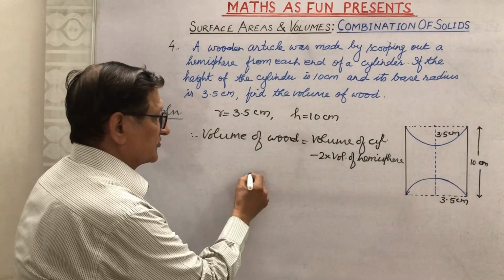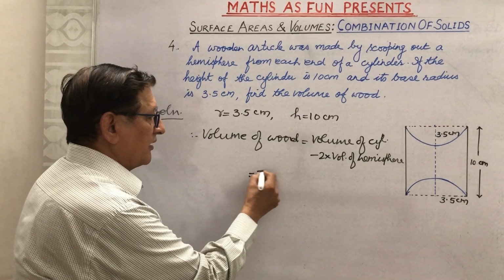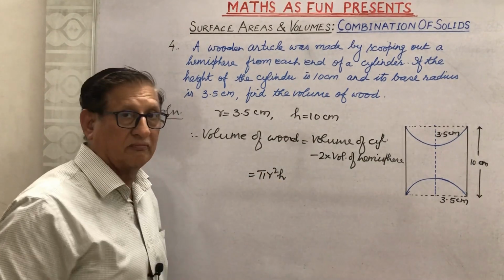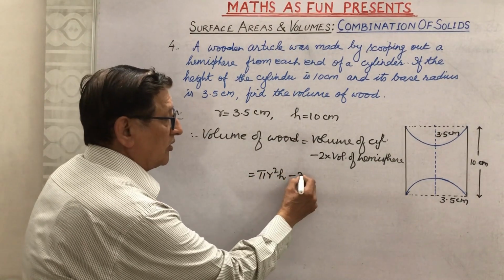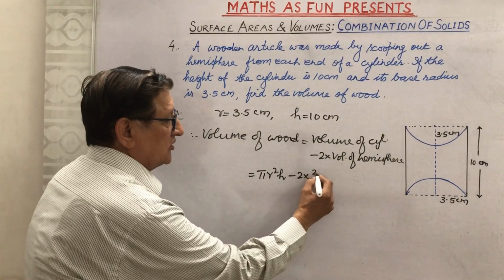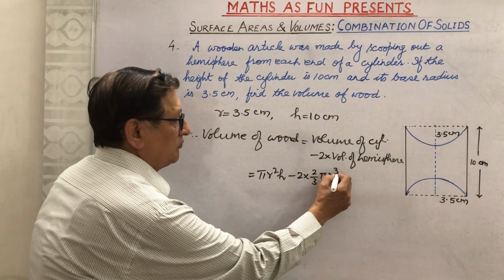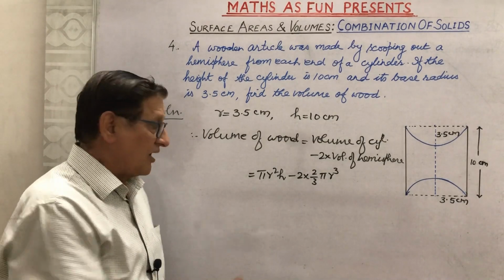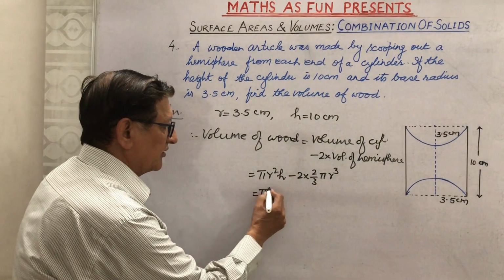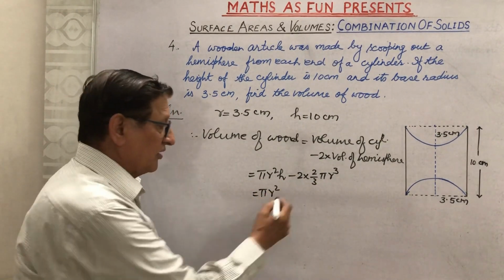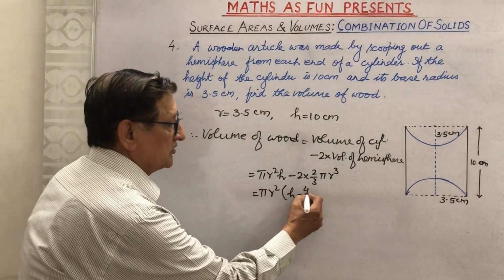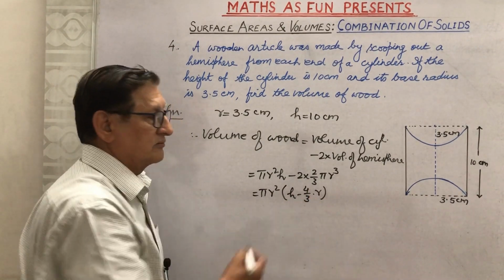We know the volume of cylinder is pi r square h and the volume of one of the hemisphere is 2 by 3 pi r cube. Are we getting pi r square common here? So we will be left with here h minus 4 by 3 into r.